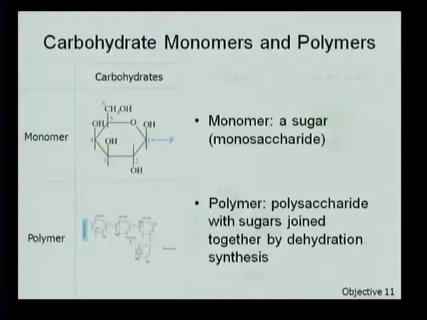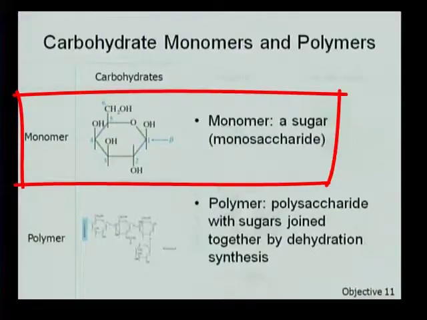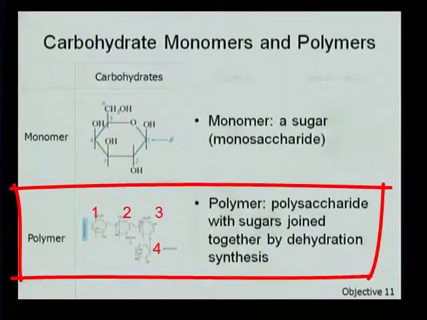So remember that the monosaccharides are the structural subunit, and when we string them together into a polymer, we get a polysaccharide. Polymer, polysaccharide. We're joining these sugars together, recall from the last objective, by dehydration synthesis.